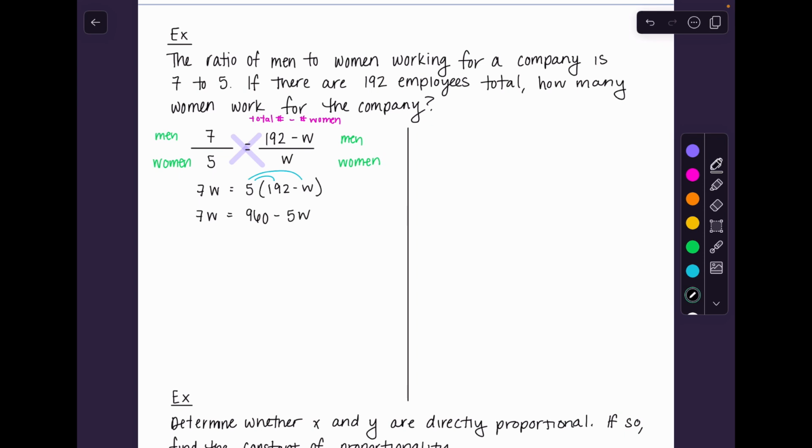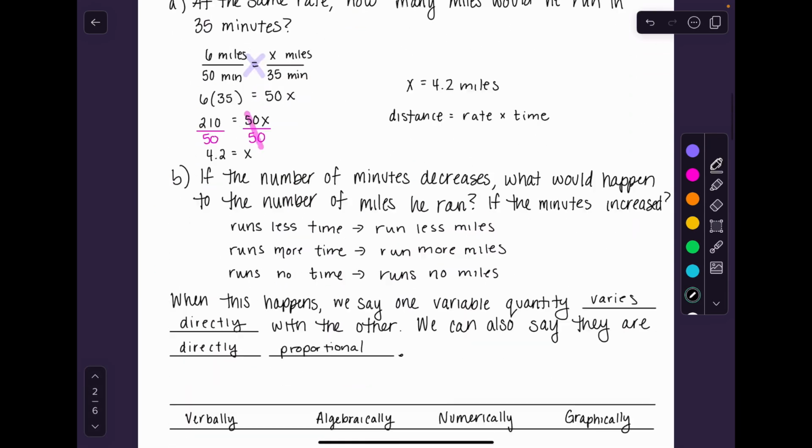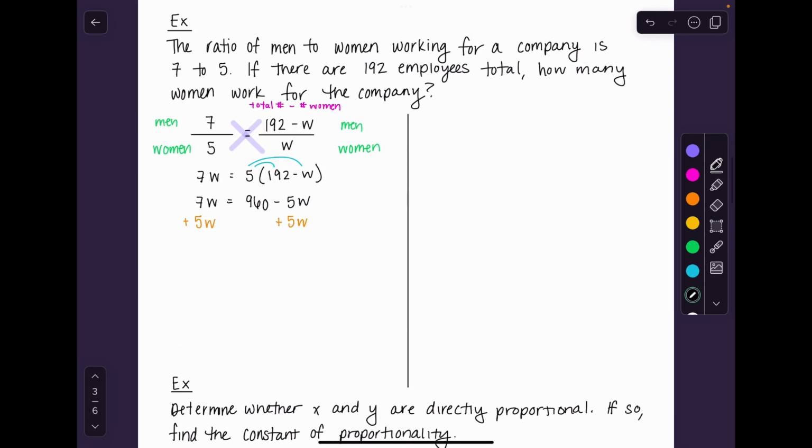Okay. Now I want to solve for W, so I've got to isolate that. And it makes sense that I've got W on both sides and this constant over here. So I'm just going to go ahead and move that 5W to the other side. So we go ahead and add 5W. So this gives us 12W is equal to 960.